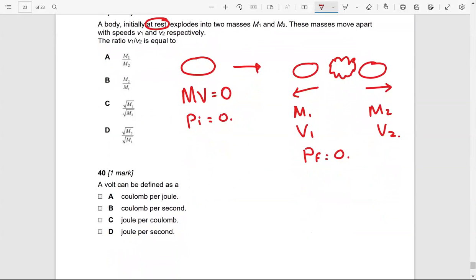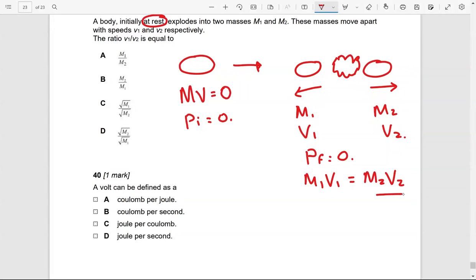If we've got m1 v1 moving in one direction, that's going to equal m2 v2 moving in the other direction, because then one minus the other equals 0.